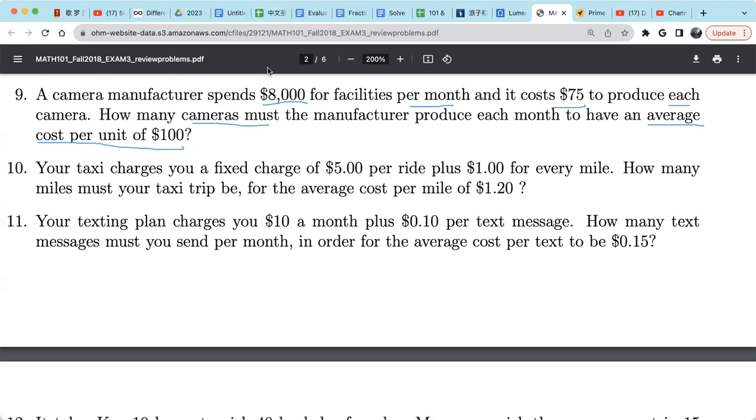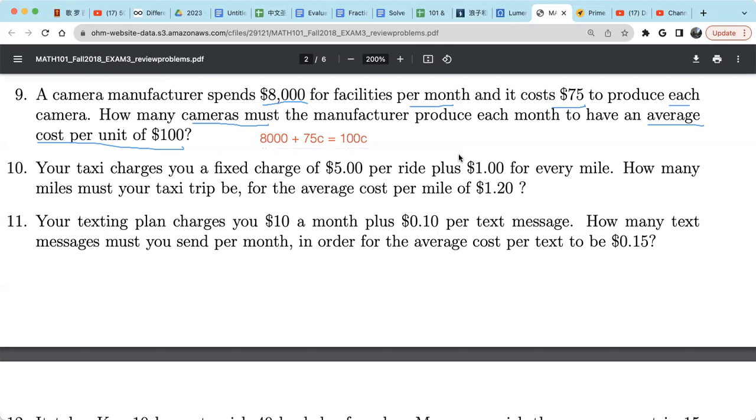Okay, so this question is a little bit tricky, but we can set up our equation like this. The first part is $8,000 overhead plus $75 each camera. How many cameras do we need to have an average, which means an equation, of $100 per camera?